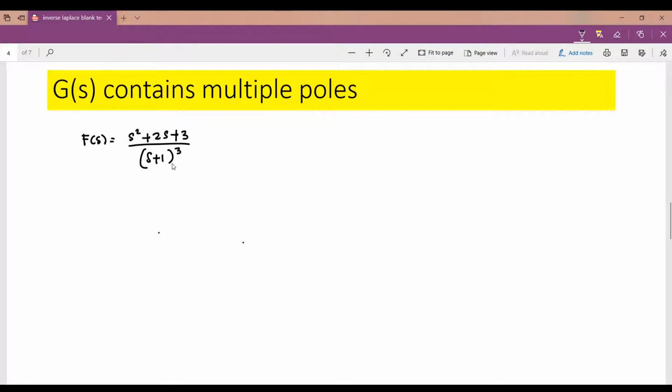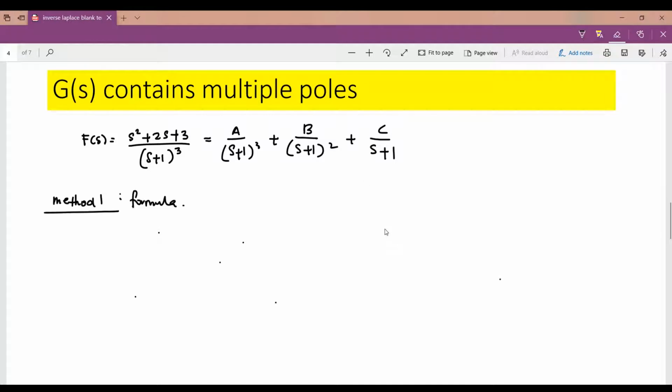So in this case, you can write the partial fraction like this: A over s plus 1 cube, plus B over s plus 1 square, plus C over s plus 1. Okay, so this is the way to write the partial fraction. So the next step is to solve the values of A, B, and C.